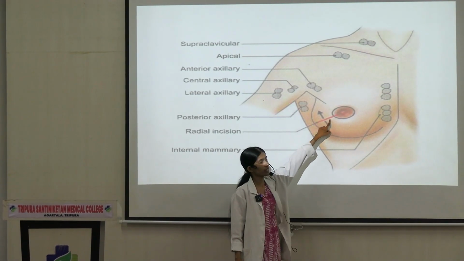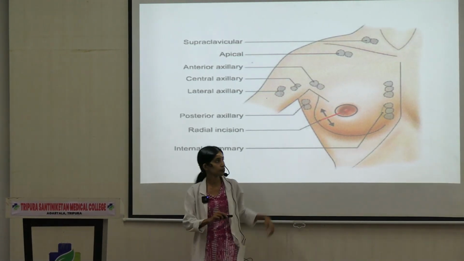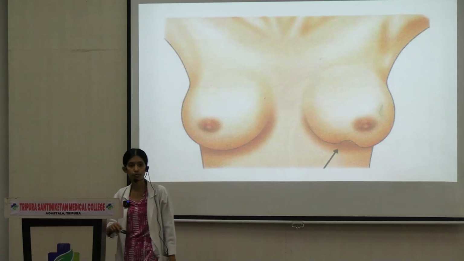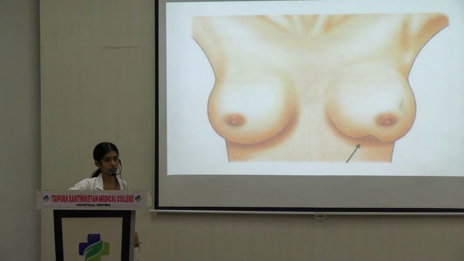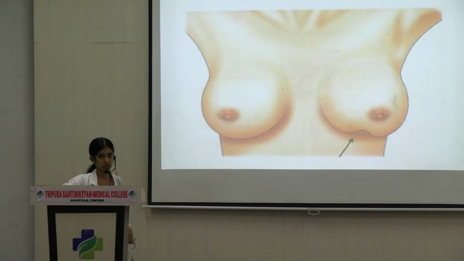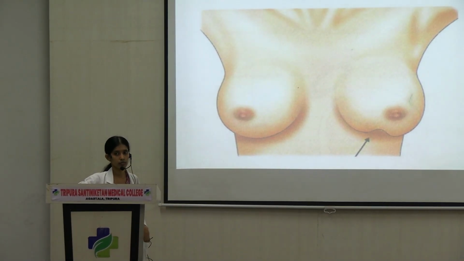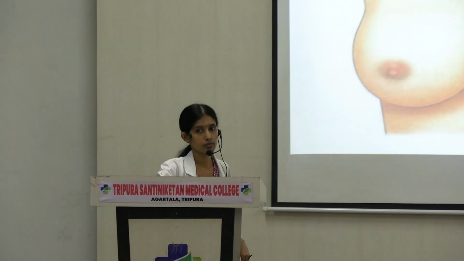Can you see this red line? This is how the radial incision will be done. What about this? Folding of the skin. Why does it happen? Which structure is affected here? When cancerous cells affect the suspensory ligament, it will lead to this kind of folding.